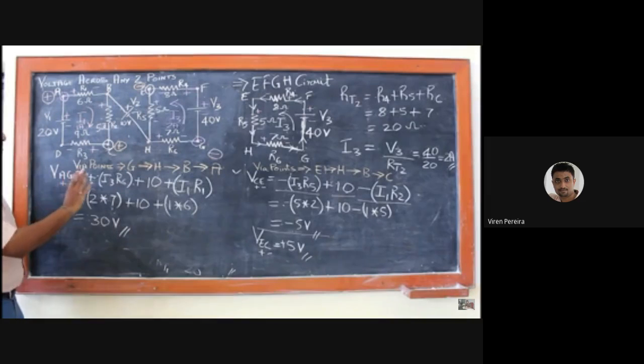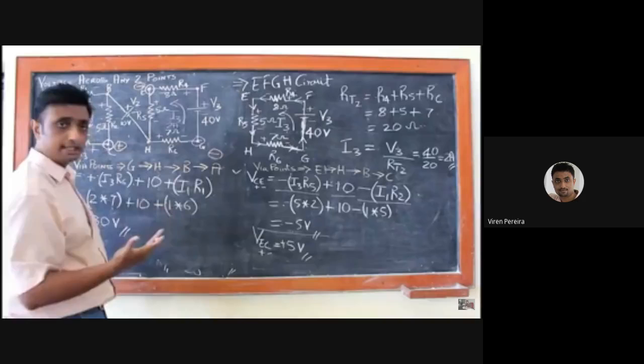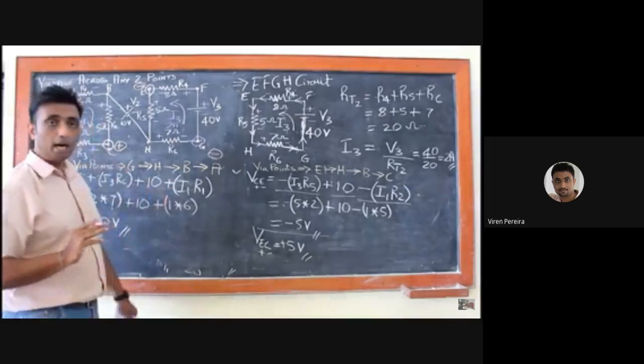So this is also the alternate method which I basically taught you here. You can go from positive to negative or negative to positive. Whichever method it is will give you the same answer.